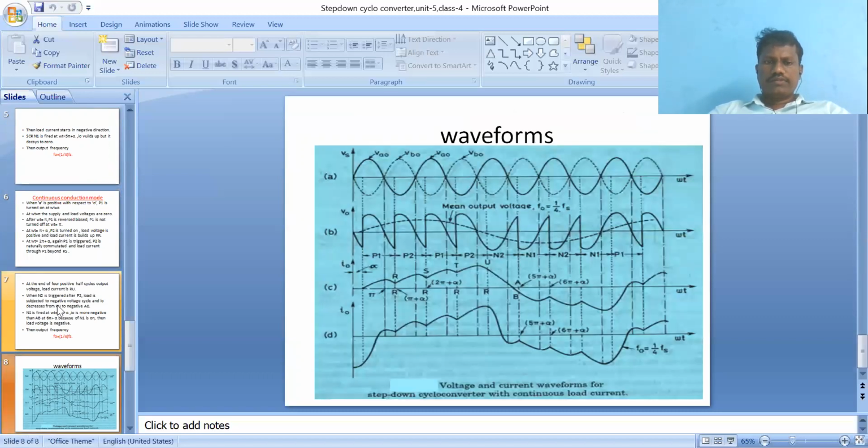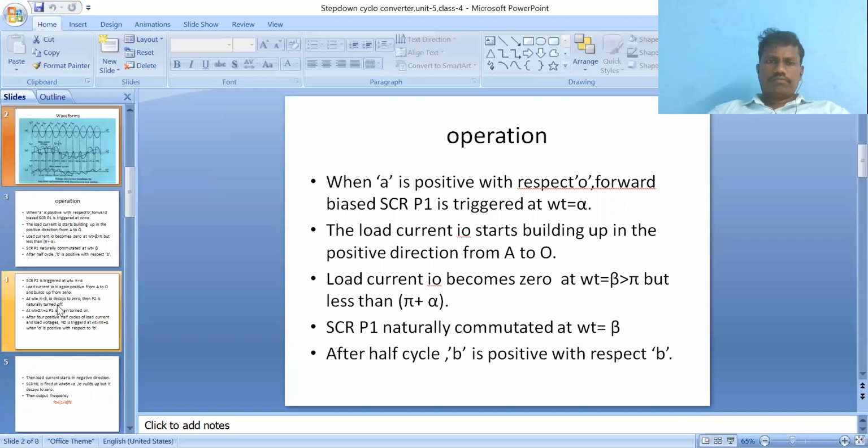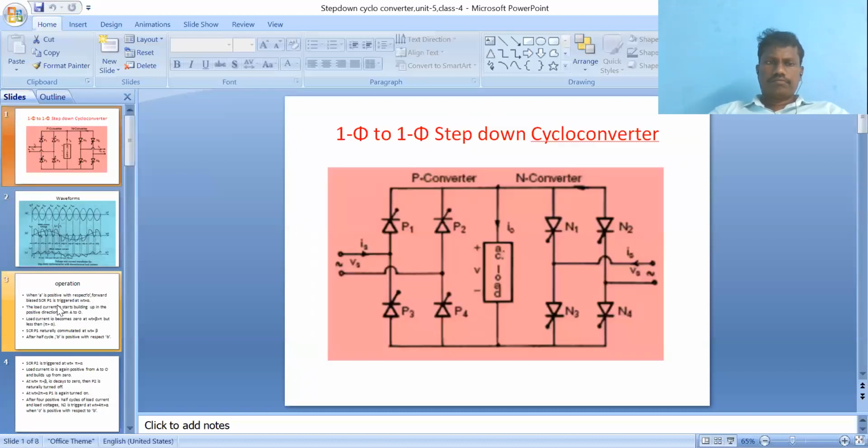The diagram is not bridge to bridge configuration. I have drawn it like this, midpoint, I think.